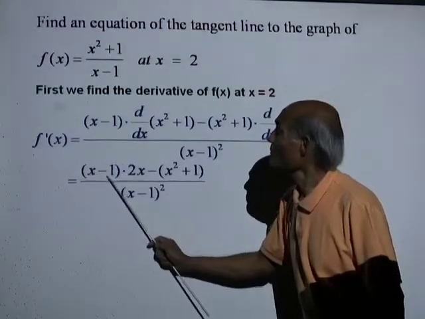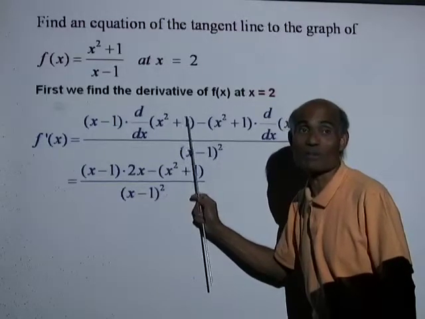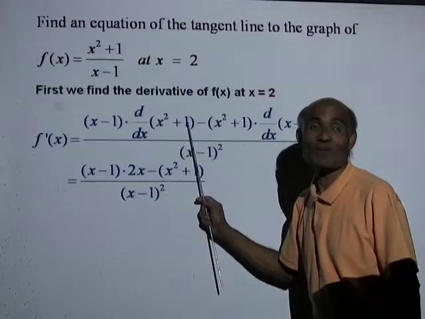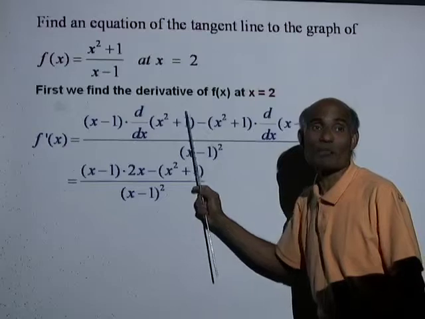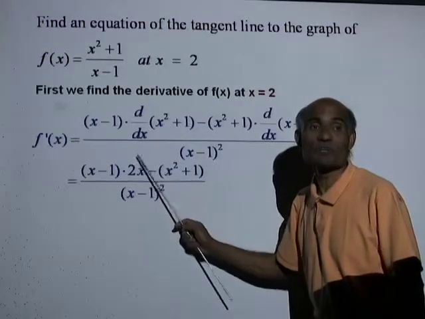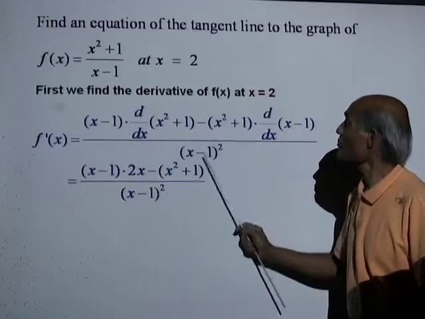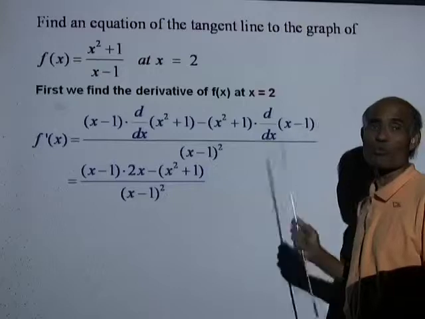That will be x minus 1 times the derivative of x squared plus 1. The derivative of x squared is 2x and the derivative of 1 is 0. So the derivative of x squared plus 1 with respect to x is 2x, minus x squared plus 1 times the derivative of x minus 1.